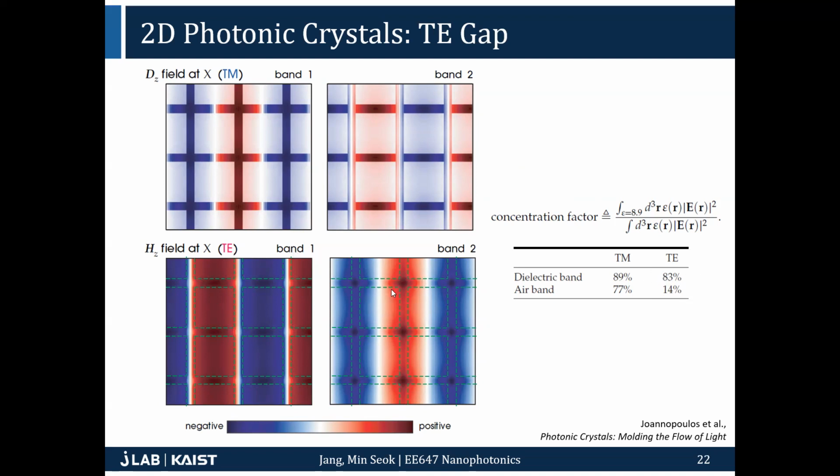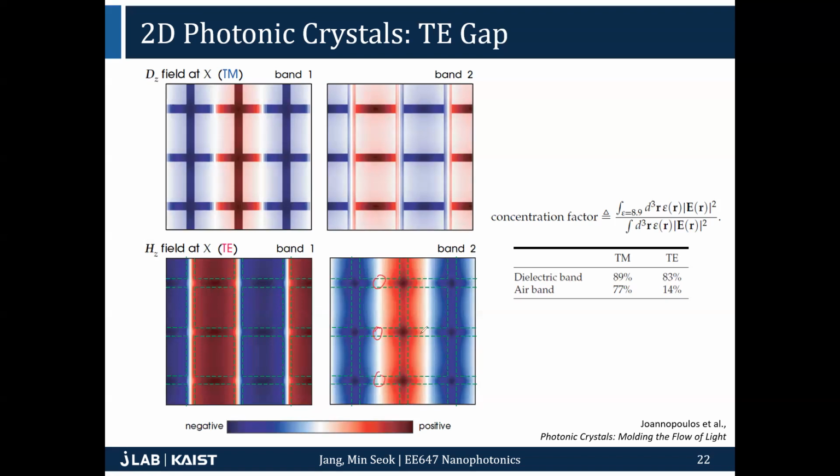But if you look at the band 2 diagram, you see your derivative maximum lies along this line. So only this part and this part, a small portion of the structure, has a concentrated field, right?